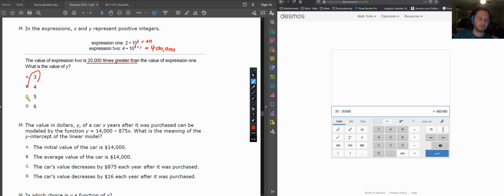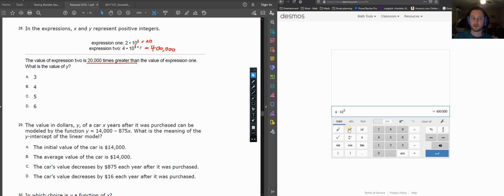Question is, which one? Lucky for us, it's multiple choice, and we have a calculator right here. Honestly, for this type of problem, the best way to do this is to just start plugging in numbers and see what works. 4 times 10 to the, let's see, 1 plus 3 would equal 4. Nope, too small. 1 plus 4 would equal 5.